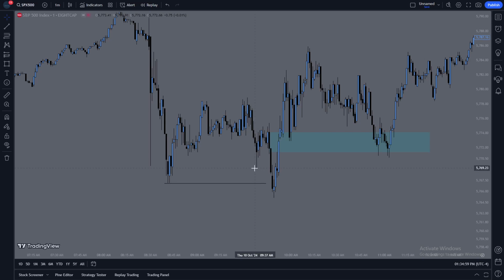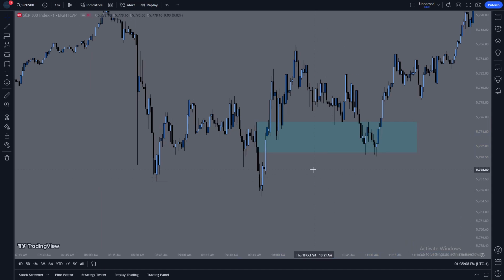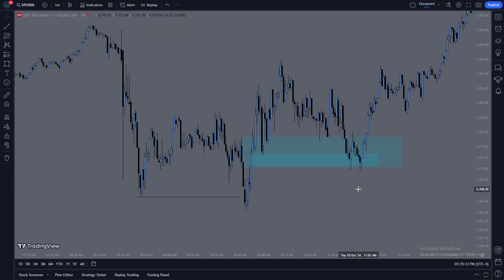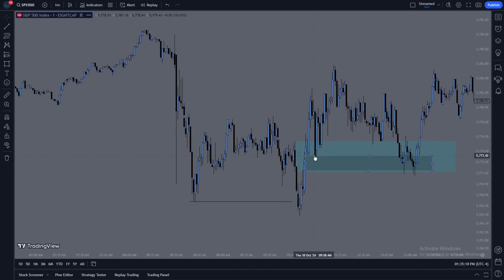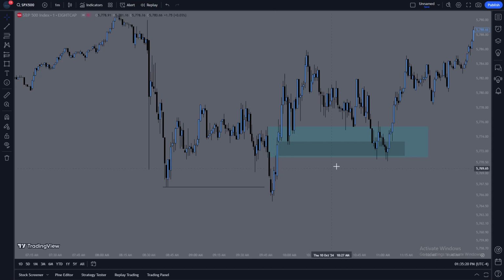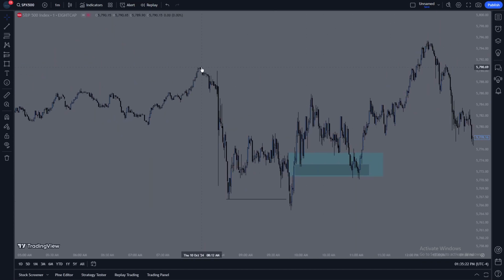Low, high, lower low, higher high. There's a breaker inside of this. Could have found the entry here, entered in, stop underneath the low, sent it to the buy side.